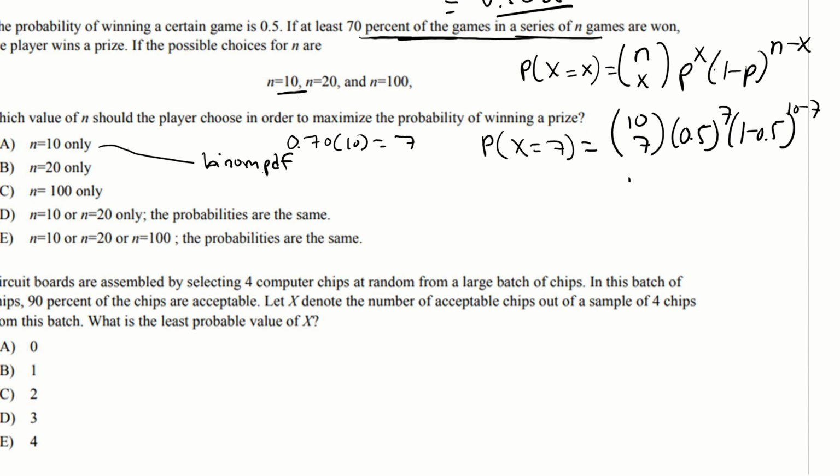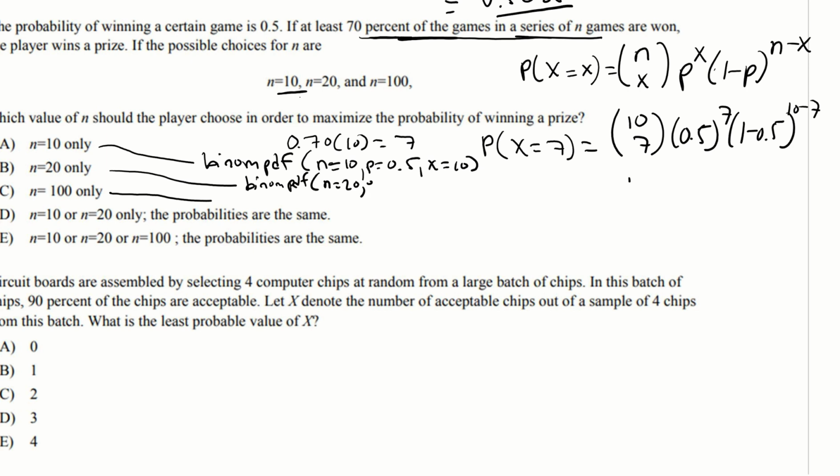So binomial PDF, PDF is for a specific value. N is equal to 10, P is 0.5, X equals 7. And then we're going to do the same thing, but with 20. So let's write it out.